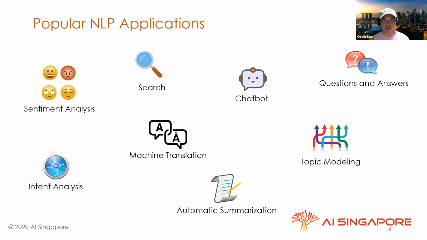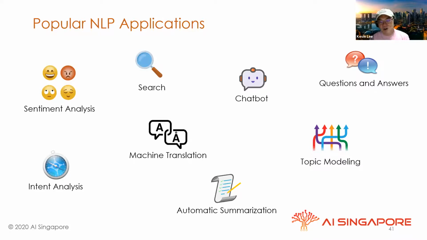Another thing is machine translation, which is quite well known. Intent analysis is quite new. It's like, can I read some passages that my customers write and deduce from that what their intention is? Is the intention to leave me or to buy something? And if it's to buy something, what are they trying to look at?